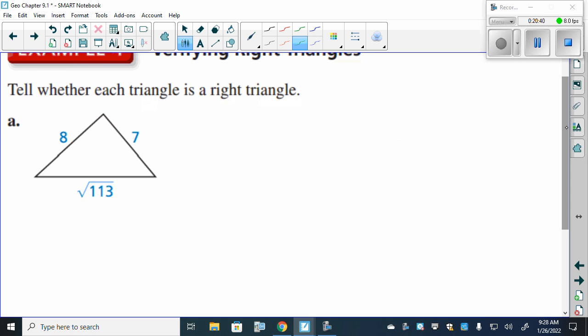So, looking at this here, if a squared plus b squared does equal c squared, then this is a right triangle. Now, looking at these three lengths here, which one's the hypotenuse? Because what is the square root of 113 as a decimal?